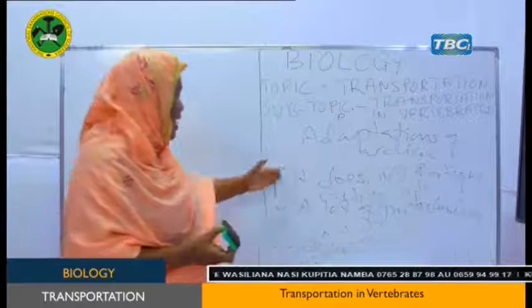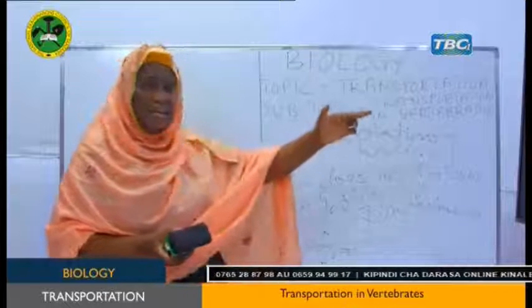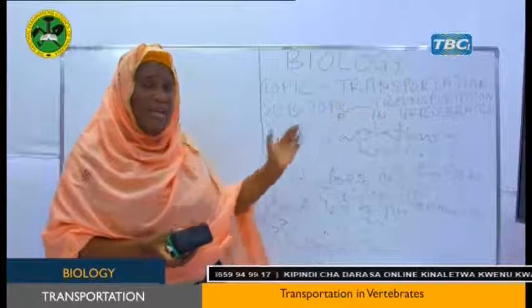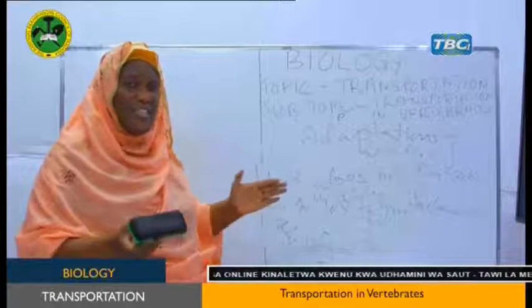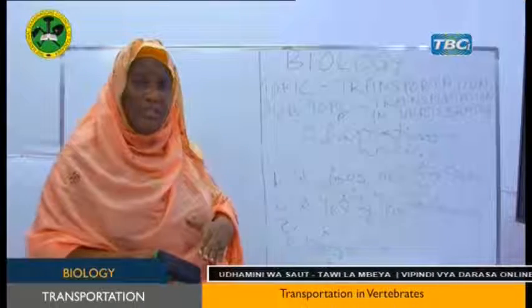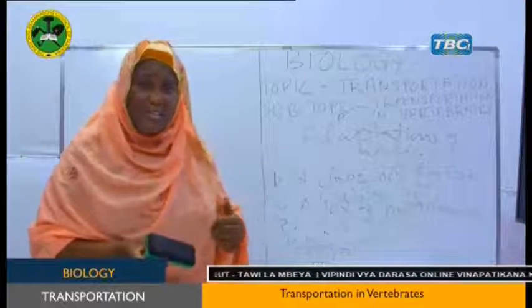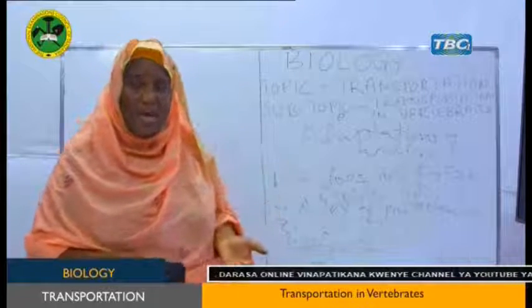But these are some adaptations of cardiac muscles. There are so many other adaptations. You are required to sit down again and find out those adaptations apart from the ones which have been presented by me.